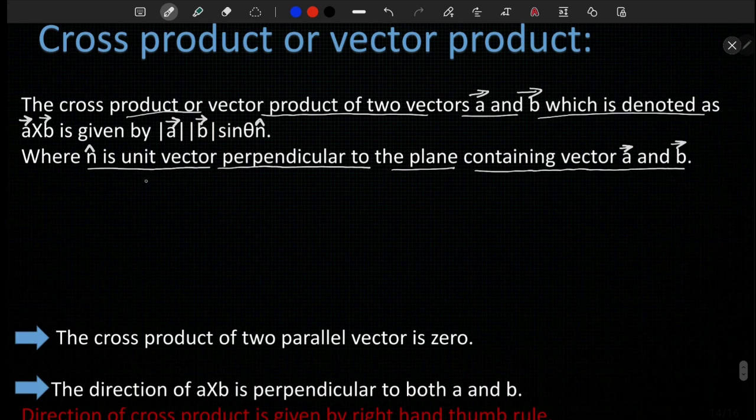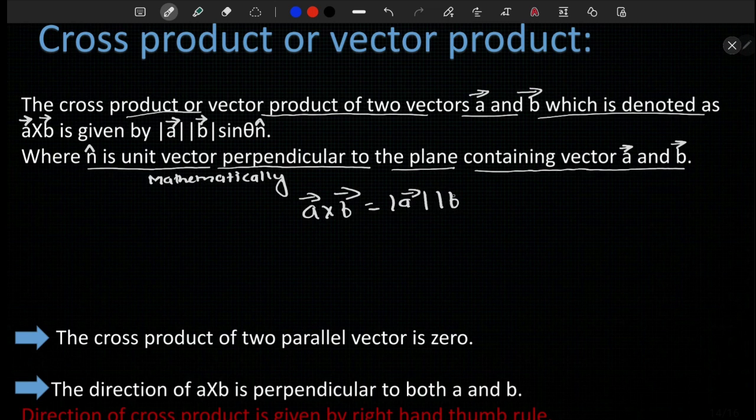Therefore, mathematically, a cross b is equal to |a||b| sin theta n, where theta is the angle between the two vectors.